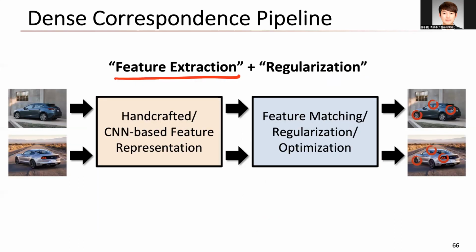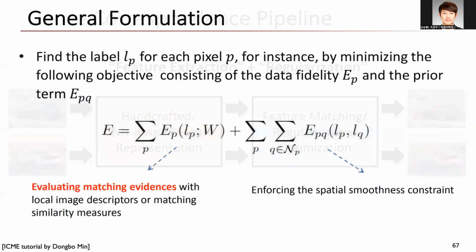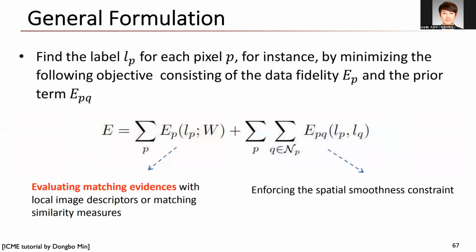In other words, for a given method, we have to mention what kind of feature extraction method is used and what kind of regularization technique is used. This is the dense correspondence pipeline. So we will move on.